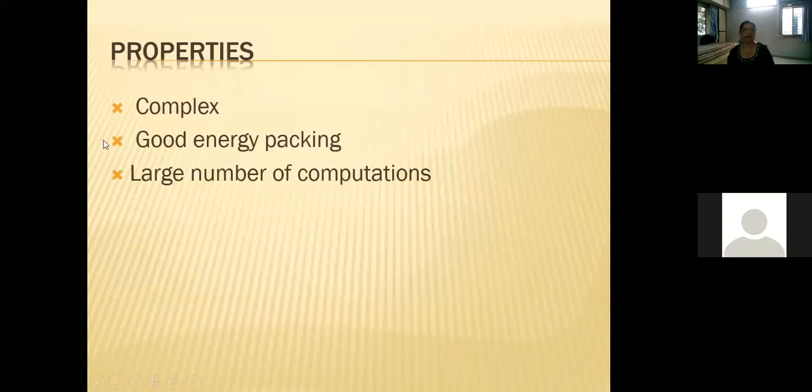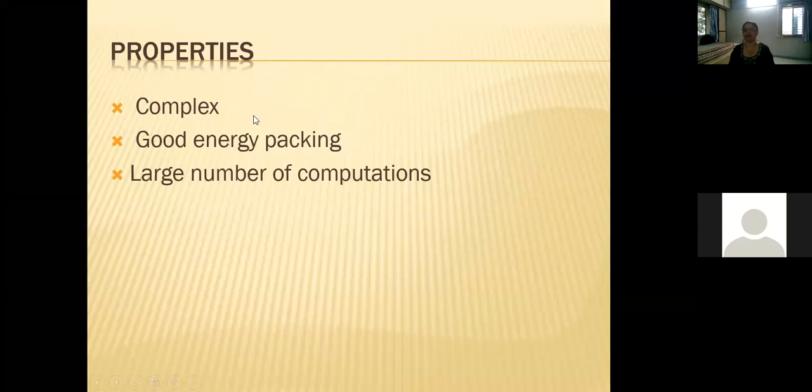Okay. Now, what are the properties of the Fourier transform? Basically, the Fourier transform is complex in nature because it has e raised to minus j theta, meaning it has cos terms as well as sine terms, and the cos term is always at a 90-degree angle with the sine term.